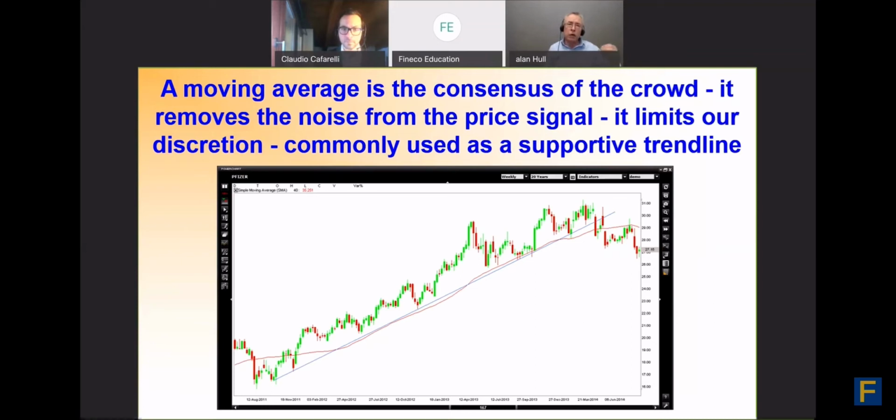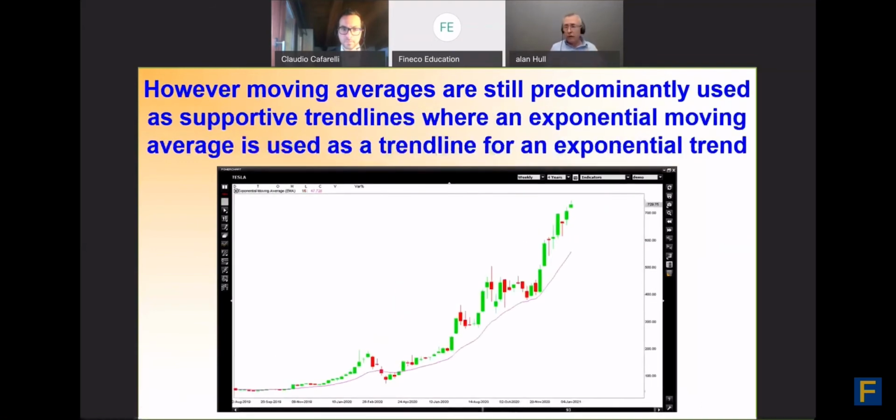What was the actual intention? What is the intended application? So a simple moving average we use on a linear trend, and an exponential moving average we use on an exponential trend. Both are supportive, both of them effectively. If you like, the exponential moving average is like a curved trend line, because we couldn't use a straight line trend there.